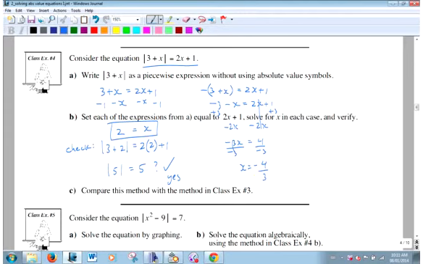Do I know if that's a valid solution yet or not, though? I got to check it. Let's plug it back in. I know everybody loves fractions. 3 plus x, absolute value, is that equal to 2 times minus 4/3 plus 1? Okay? Thirds. In terms of thirds, what is 3?